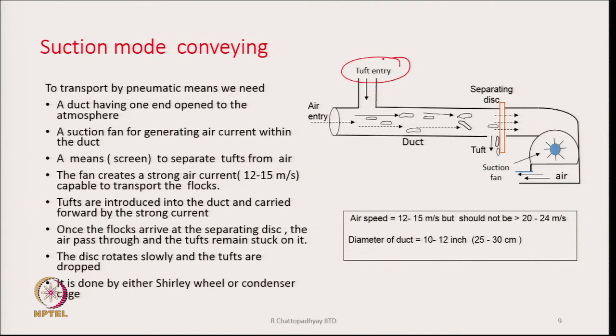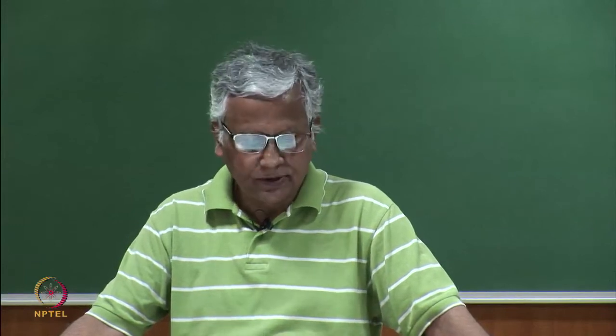So, therefore, we need some kind of screen. The fan creates a strong air current, typically 12 to 15 meters per second will be the velocity of air within this duct. That is the typical velocity of air that we normally use to transport the tufts.